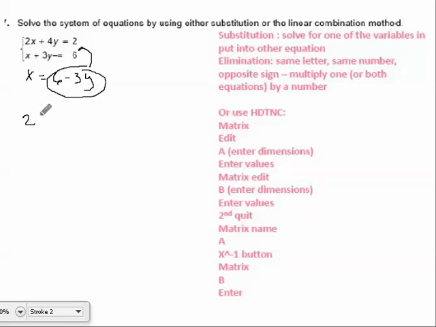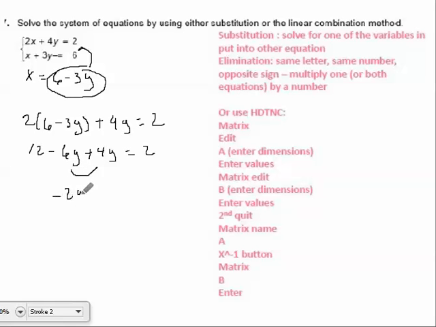And I'm going to get 2 times 6 minus 3y plus 4y equals 2. So that's 12 minus 6y plus 4y equals 2. I'm going to subtract the 12 from both sides and combine my y terms here, and I'm going to get minus 2y is equal to negative 10.